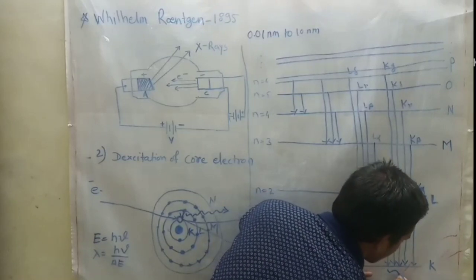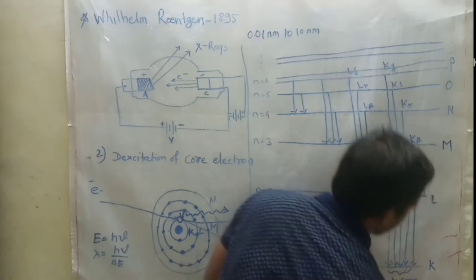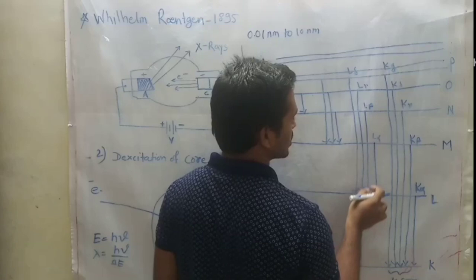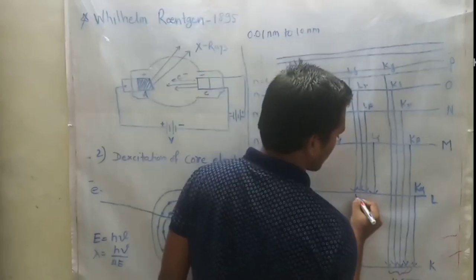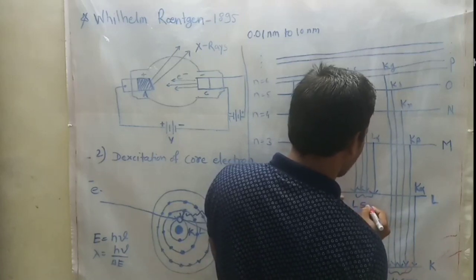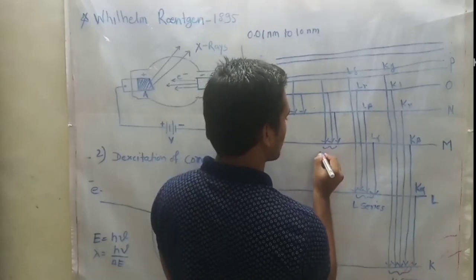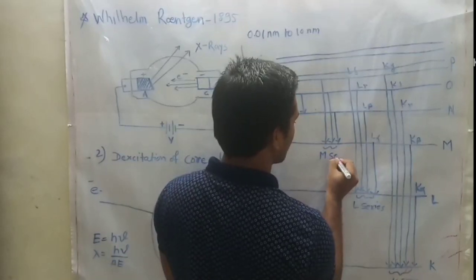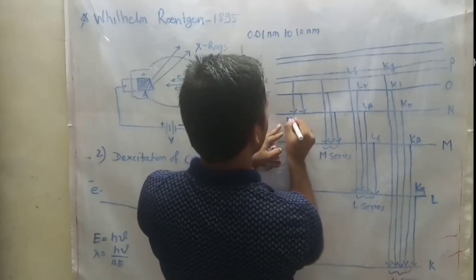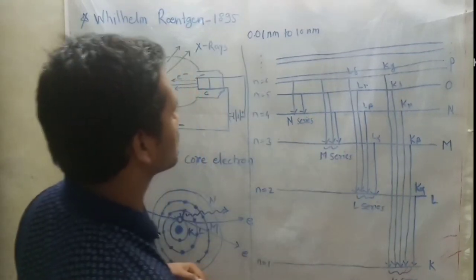This series is known as the K series. This series of spectral components is known as the L series, this is known as the M series, and this the N series.